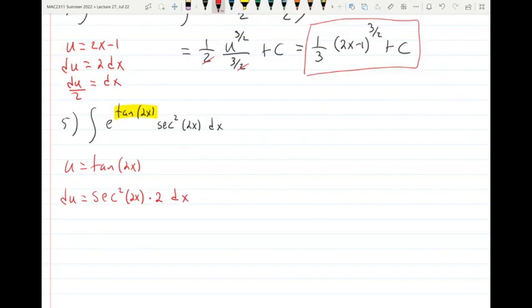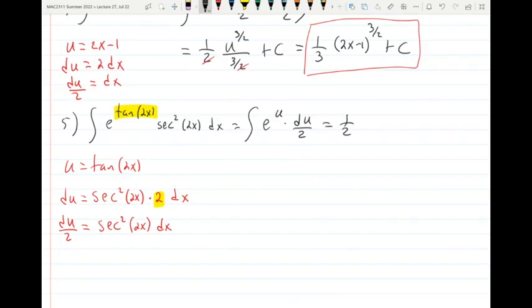And you take a look at your integral, and then you see that we have everything in there except the 2. So this 2, let's move it to the other side. So that means that secant squared of 2x dx, the substitution for that is going to be du over 2, or 1/2 du. Okay, so this becomes e to the u, and then secant squared dx is du over 2.